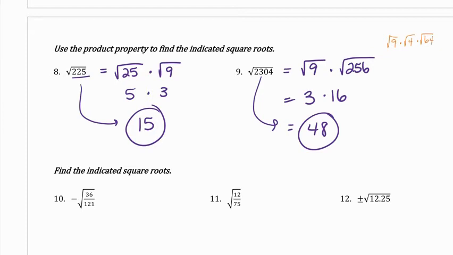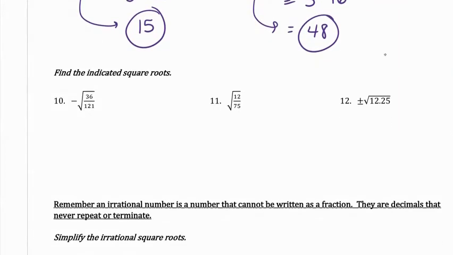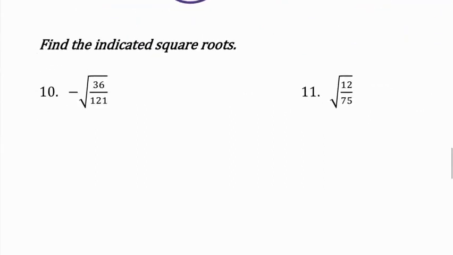So those are smaller perfect squares, but again, I would get 3 times 2 times 8. 3 times 2 is 6. 6 times 8 would still give us 48, right? So if you need to break it down further, you can. But that's one way you can find out if something is a perfect square. If you didn't have your calculator. If you have your calculator, just type the number in first, see if it's a perfect square.